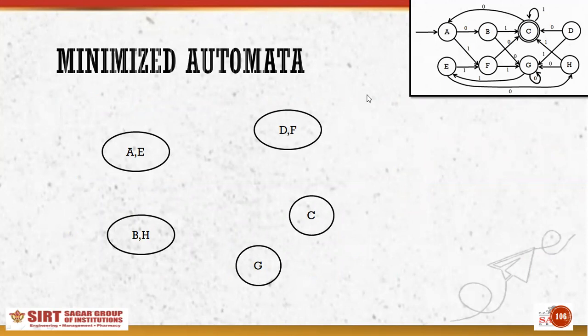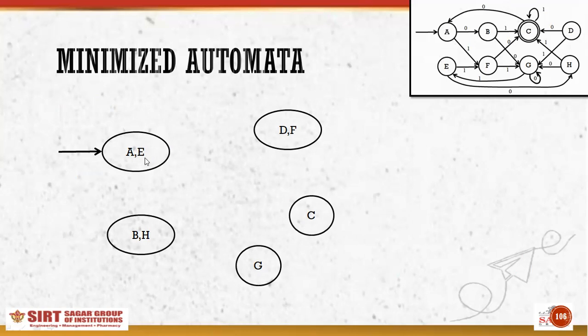First of all, as A is the initial state in the question machine, I will make AE the initial state, because AE is now the same as A. I mean, A and E combined are doing the same work which was done by A and E separately in the earlier machine. So AE is the initial state here.